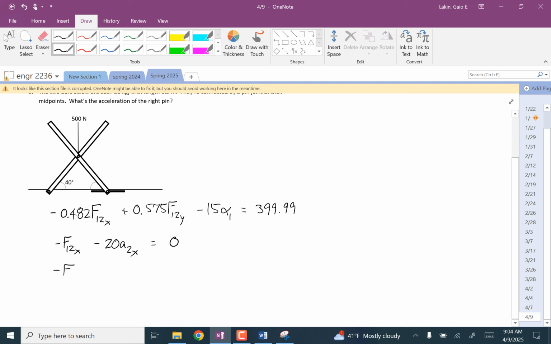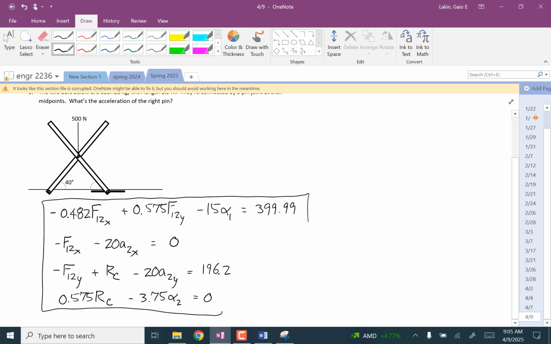And then negative F12y plus RC minus 20A2y is equal to 196.2. And then the fourth and last equation that we have so far is 0.575 RC minus 3.75 alpha 2 is equal to 0.